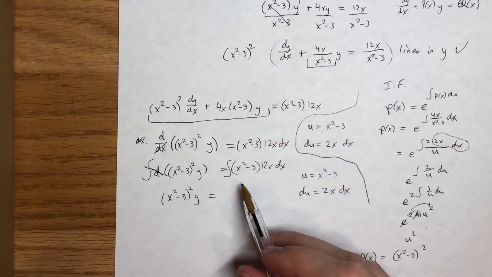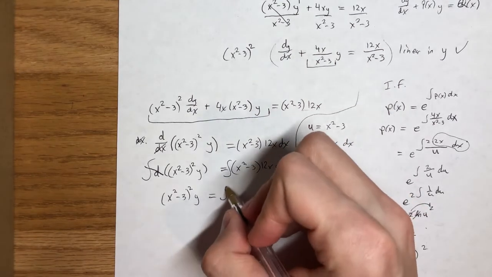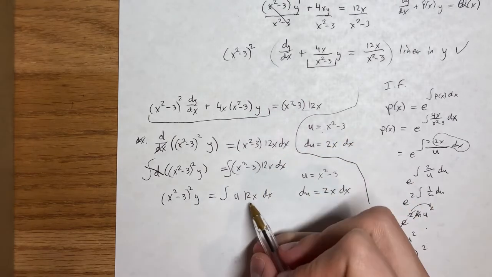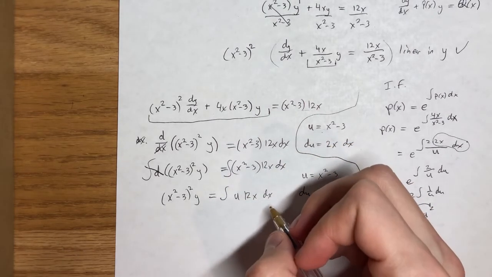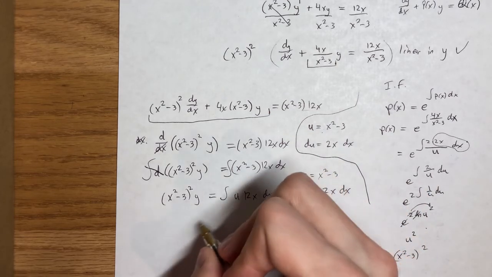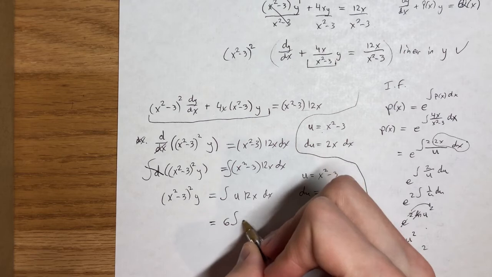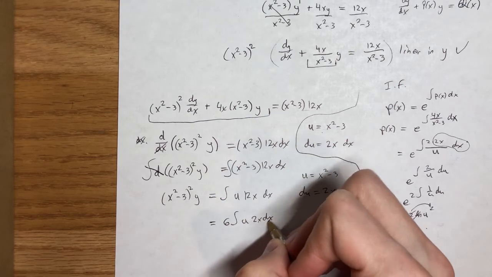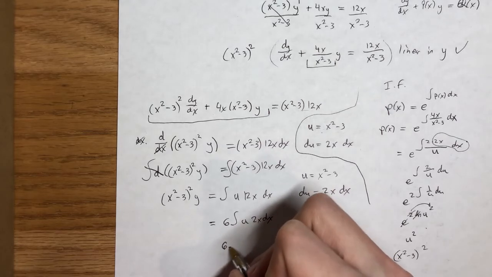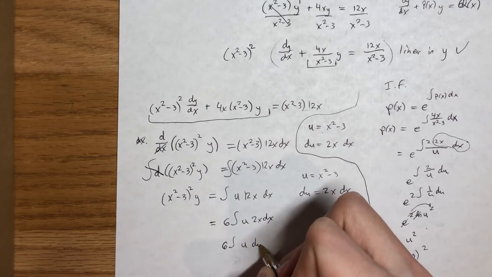So if I plug u in for this, I have a u, 12x dx, and if I split my 12, 6 times 2 is also 12. So if I pull out a 6, I'll have 6 integral u of 2x dx, and if you notice, that is du. So I have a 6 integral of u du.